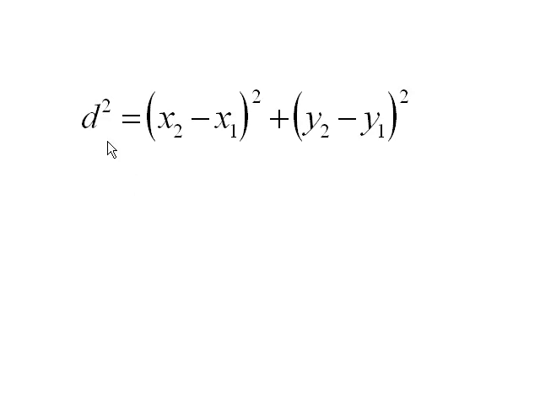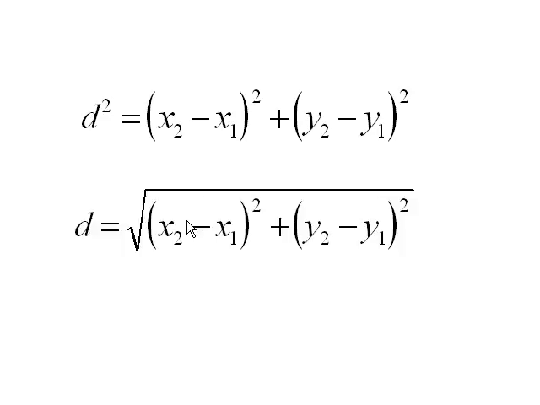Now, we'd like to just know what d is, so we can get that by taking the square root on both sides of the equation, the square root of that sum. You can't write it any simpler than that way. So the distance is in terms of the x-coordinates and the y-coordinates of the points that bound the line segment.